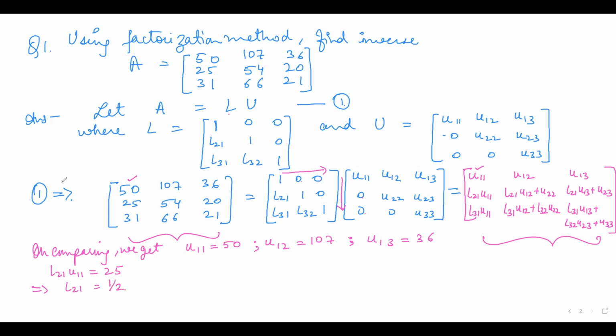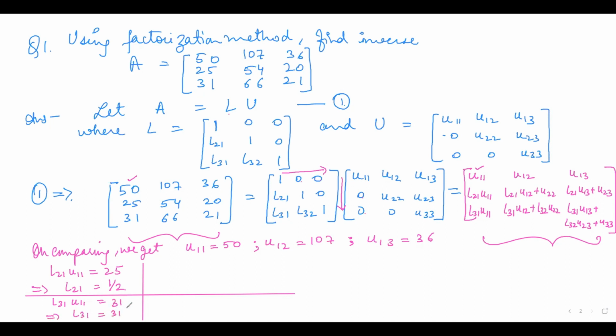Then I'll just draw the line so that it becomes easier for me to calculate. Now L31 U11 is equivalent to 31. So L31 U11 is equal to 31. So L31 would be equal to 31 upon 50.